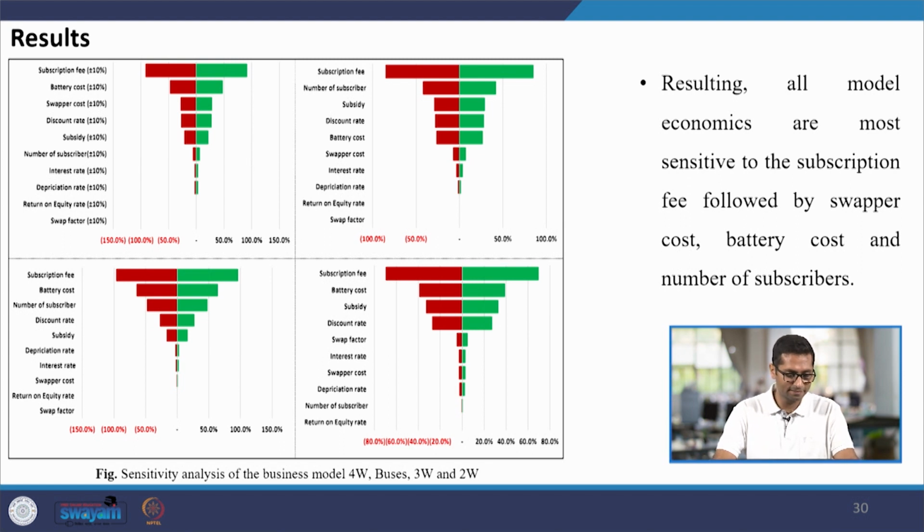We can see that the subscription fee, which is the major source of revenue, would be the most sensitive parameter for all 4 modes. Further, the battery cost and the swapper cost, which is the capex, change the business models. The subsidy from the government can also have a drastic effect on the business model.